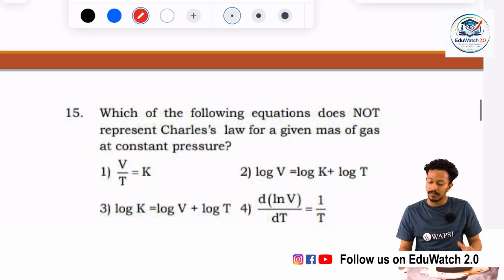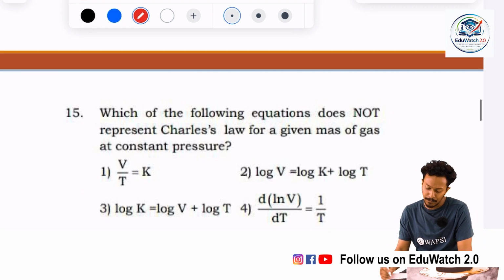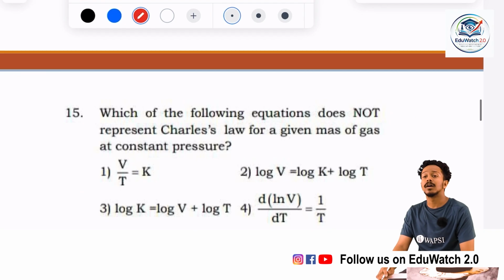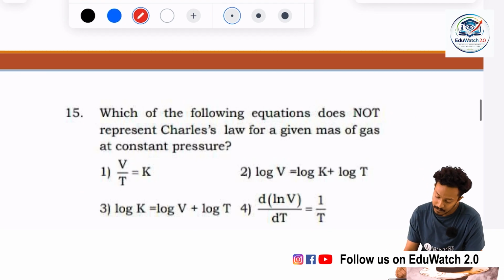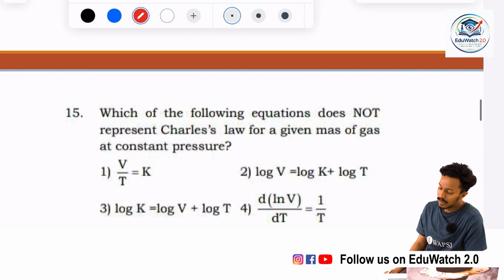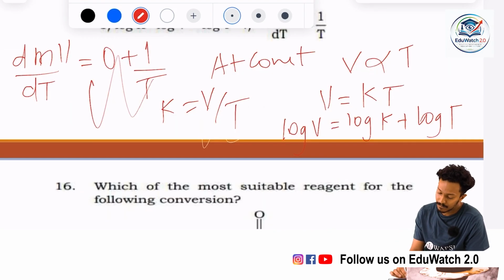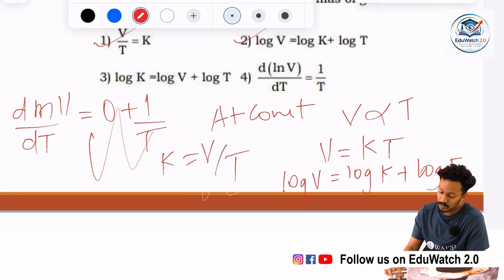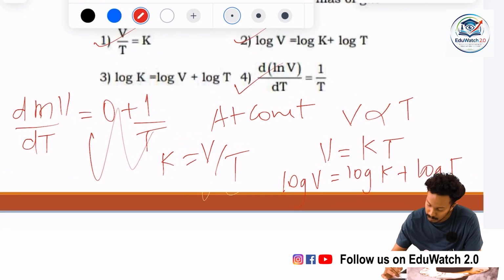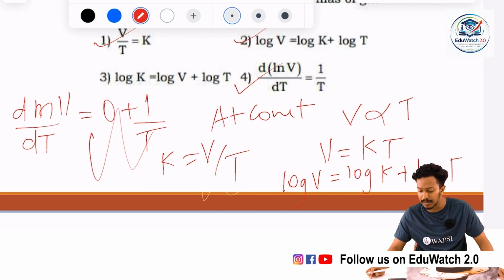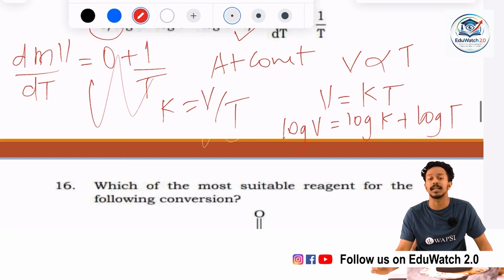By differentiating with respect to temperature, d ln V by dT is equal to the derivative of a constant, which is 0, plus d ln T by dT, which is 1 by T. So, d ln V by dT is equal to 1 by T, and option 4 is also correct. The incorrect one is log K is equal to log V plus T, which is absurd. So, the correct option is option 3.